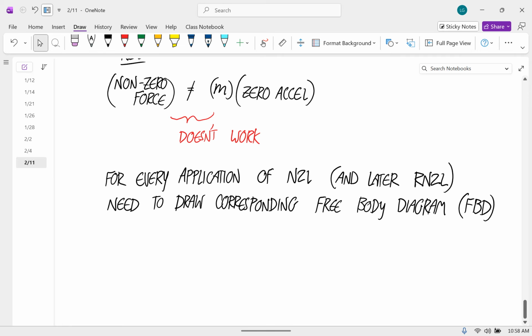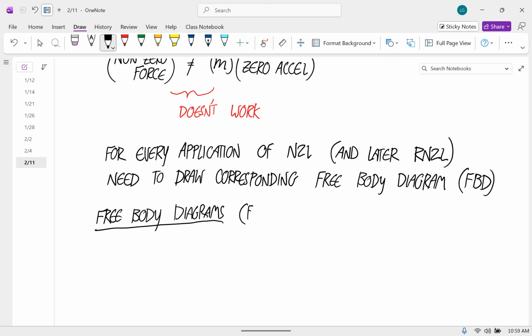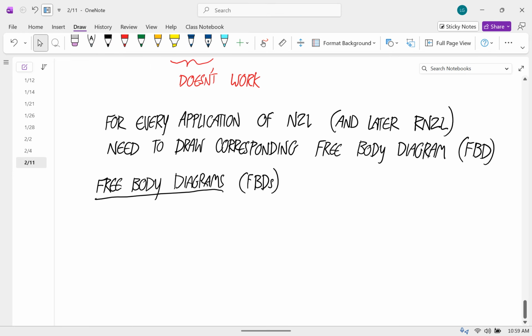And so I just want to say a little bit about what I want to see in your free body diagrams. This will be familiar to the people who took statics. So the first one is draw a closed outline of the chosen body.